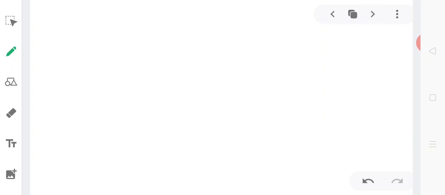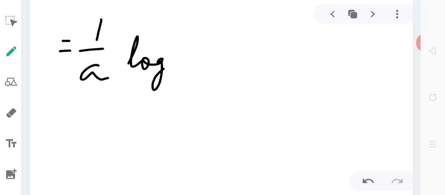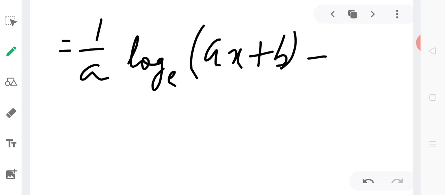Now we can substitute the value of z, so that will give you the result. So in this manner we can integrate by substitution, with the constant of integration, and that is what I was referring to as indefinite integral.